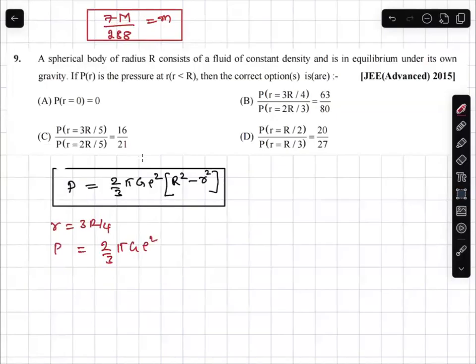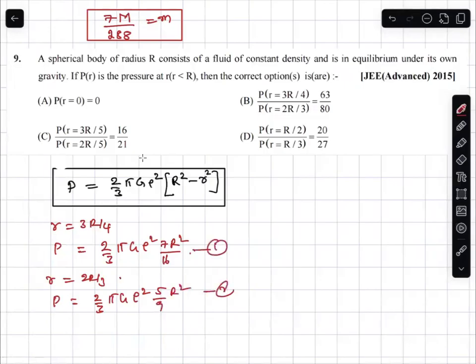Rho square, capital R square minus R square times 9 by 16, which is 7R square by 16. Now r equal to 2R by 3. Pressure is equal to 2 by 3 pi G rho square, 1 minus 4 by 9, 5 by 9 R square. Equation 1, equation 2.